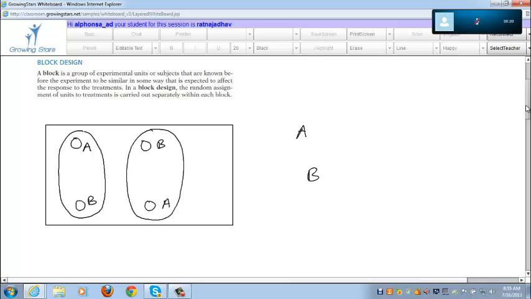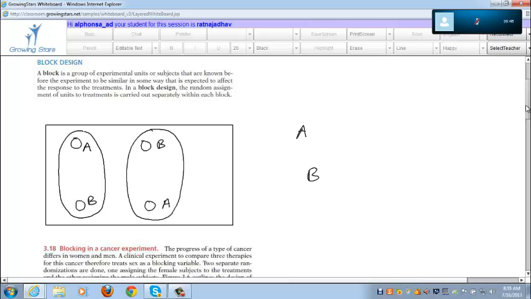So another example of block design. So this is how they're separated and grouped.